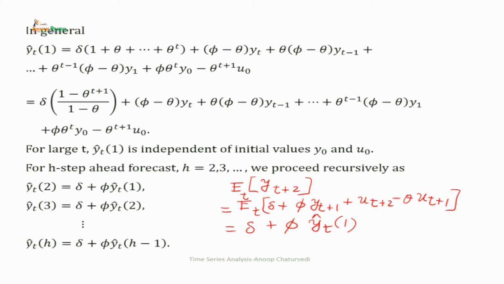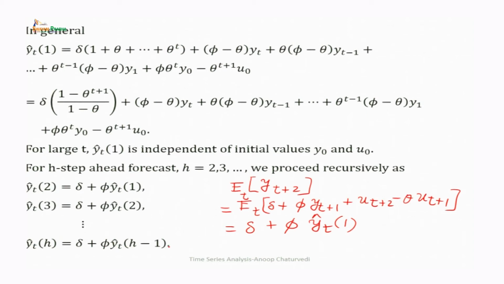So, now it has started behaving just like an AR(1) process. Now, y hat_t(3) is equal to delta plus phi y hat_t(2) and so on, and at last y hat_t(h) is equal to delta plus phi y hat_t(h-1).